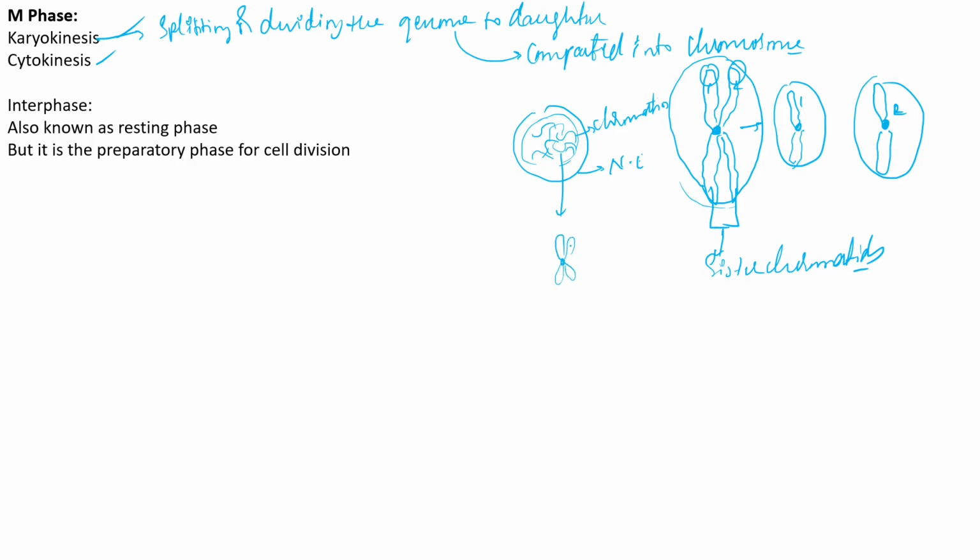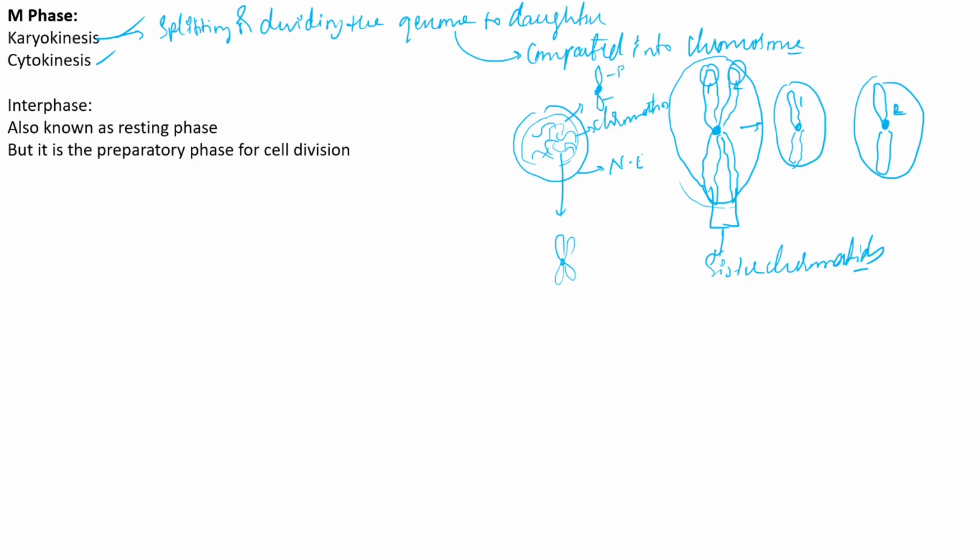But if you assume the content of the nucleus, that is the DNA before the replication, the chromosome will be in this particular fashion, with only two arms, one above and one below.